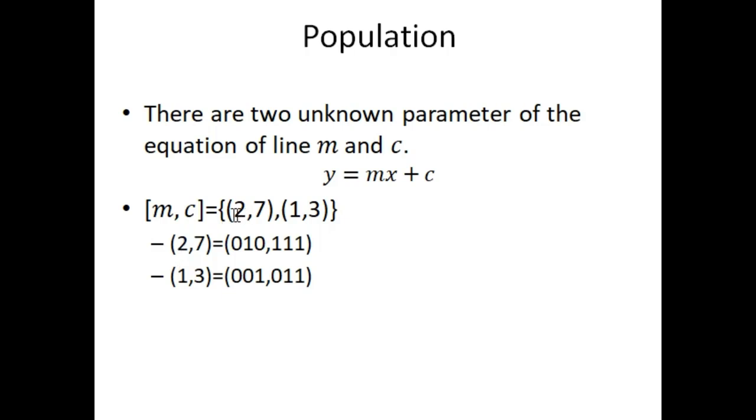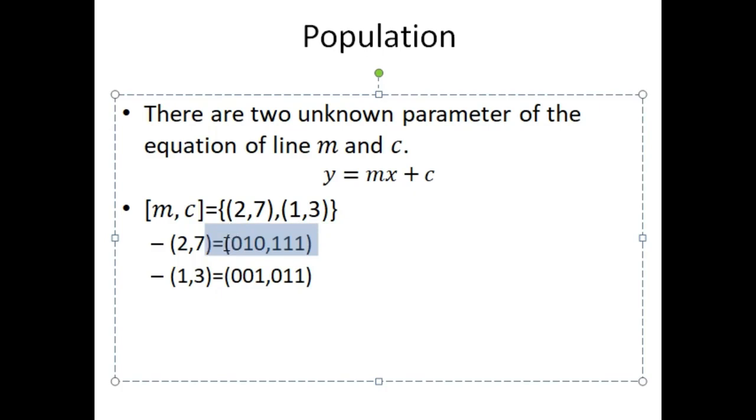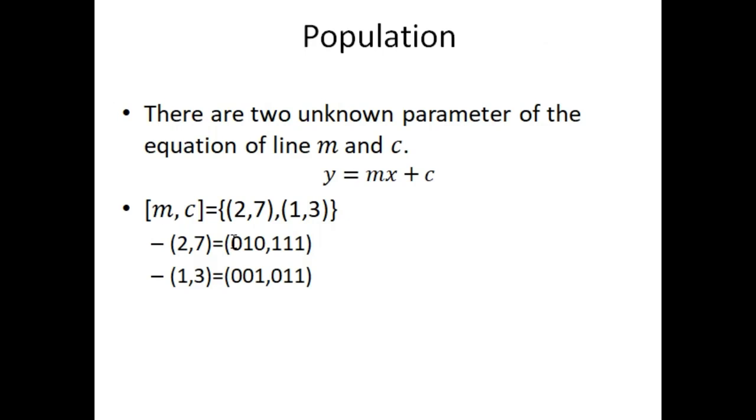I just converted these two values into binary. So this is our representation for our chromosomes. This became 0 1 0 1 1 1. So this is 2 and 7, and 1 and 3. So I just created the random population for this problem for these unknown parameters.